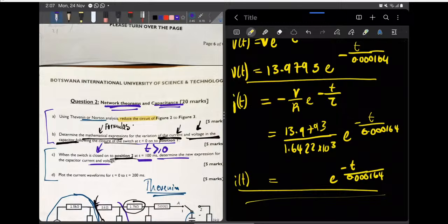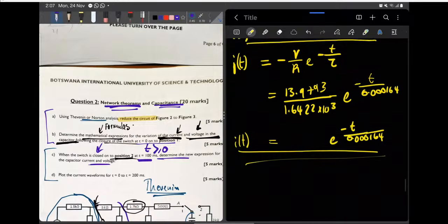So yes, this is very easy. That'll be the final solution, and that's it for this.